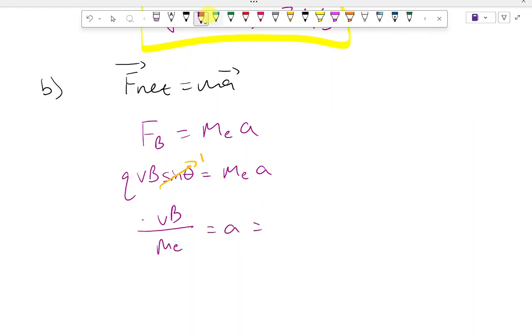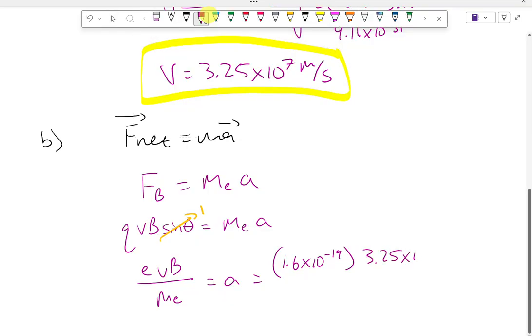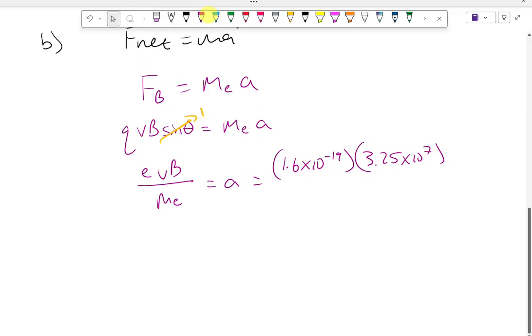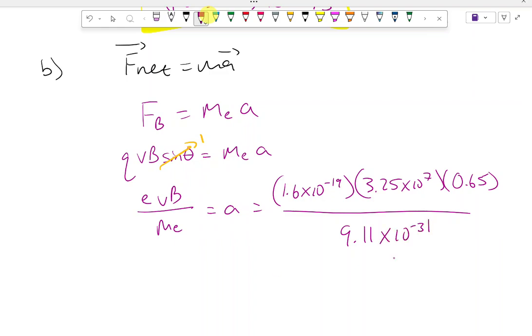And q, that's the charge, the elementary charge, which is 1.6 times 10 to the negative 19 coulombs. The speed is 3.25 times 10 to the 7. And then the magnetic field, they told us, was 0.65, divided by the mass of an electron, 9.11 times 10 to the negative 31.